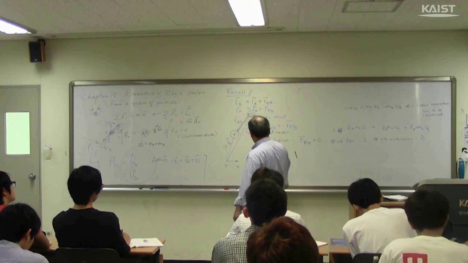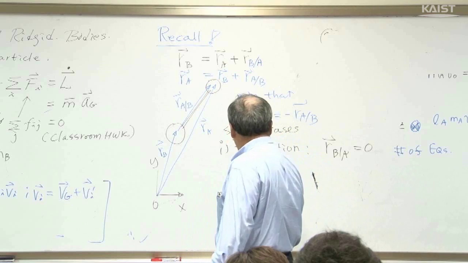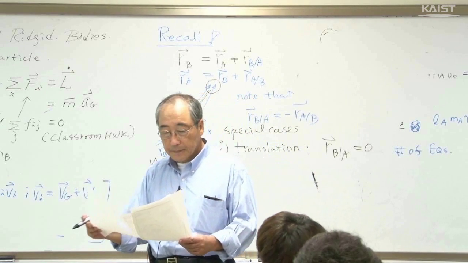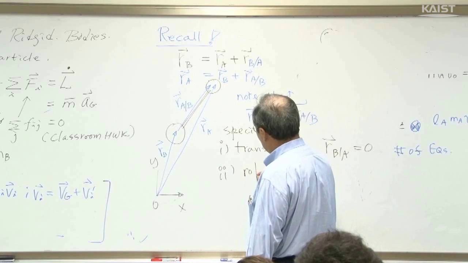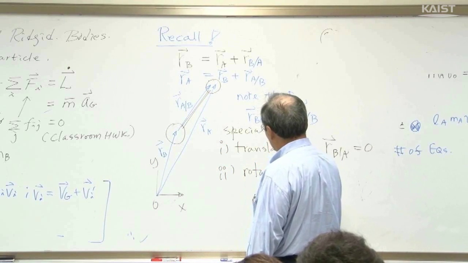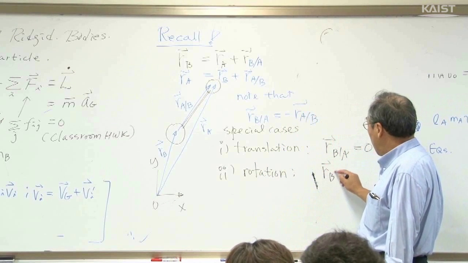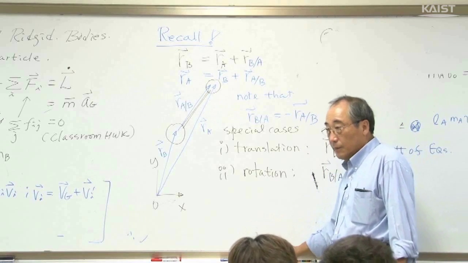So for pure translation, this is 0. And secondly, if there is only rotation, then RBA is not, of course, 0.